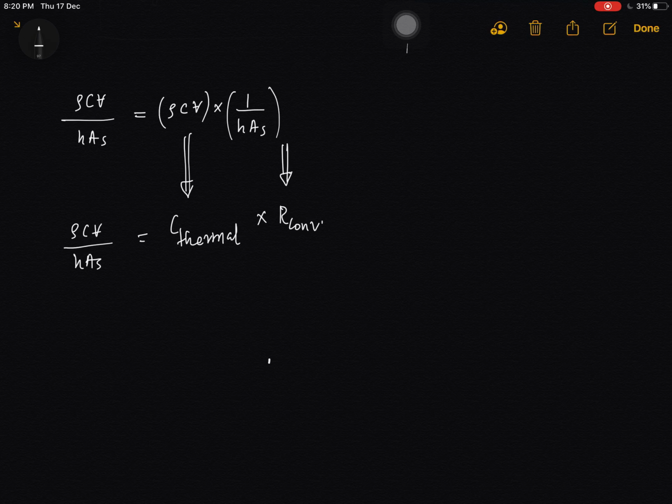So rho C V by h A_s is nothing but C thermal into R convection.